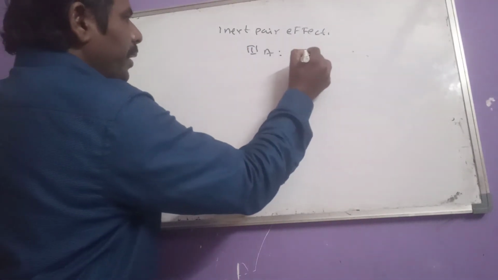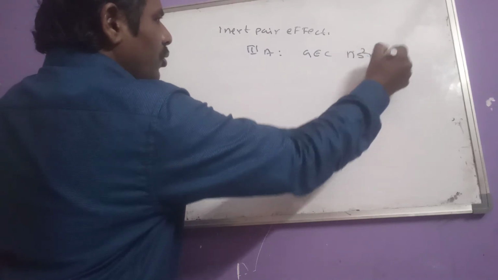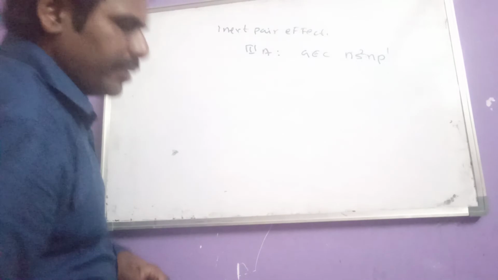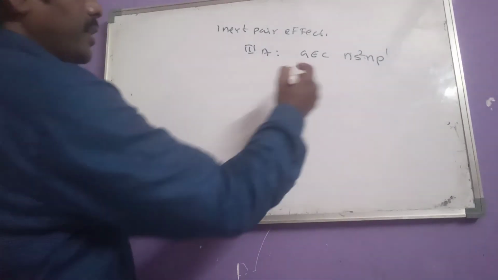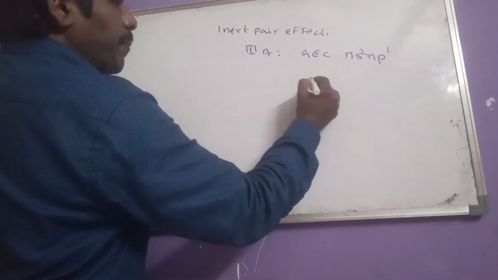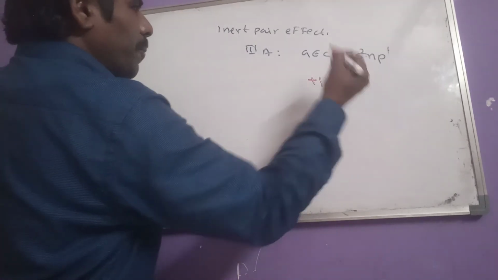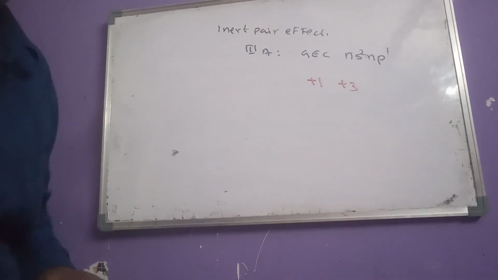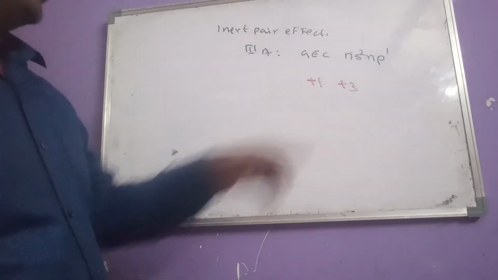Third A group means general electronic configuration ns2 np1. So what are the common oxidation states of third A group elements? Due to the loss of the np1 electron, +1; due to the loss of 3 electrons, +3. So the common oxidation states of third A group elements are +1 and +3.